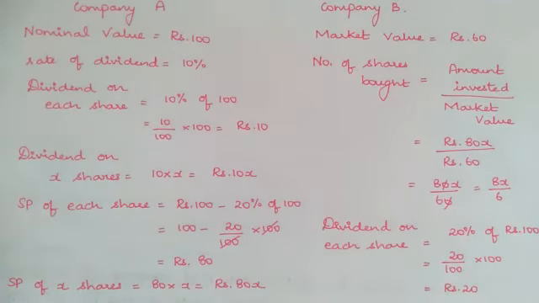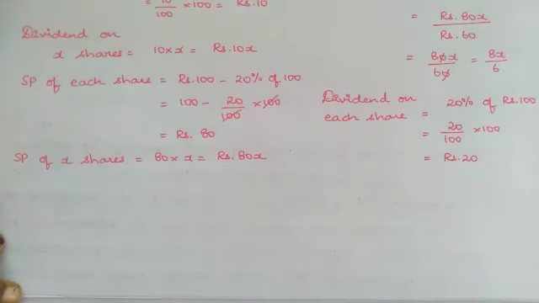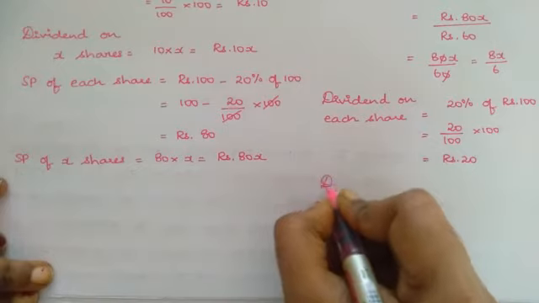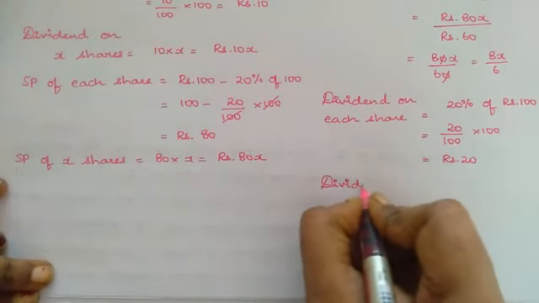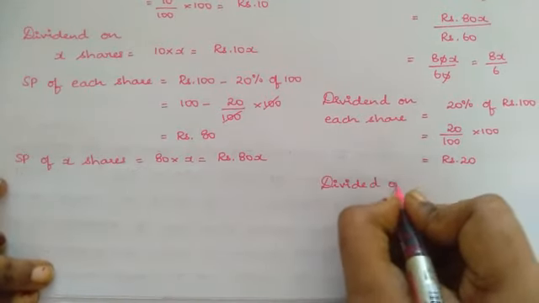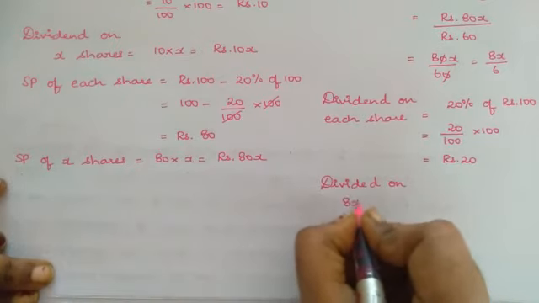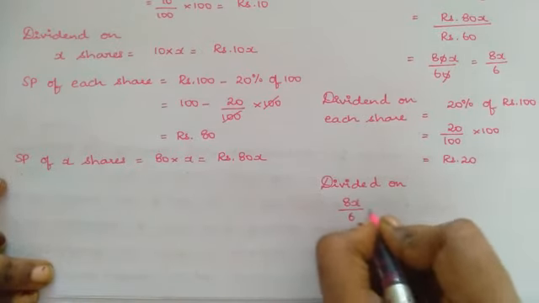Now in this company, how many shares does he have? 8x by 6 shares he has in company B. So in this company we are going to identify the dividend on the entire holding, that is, on 8x by 6 shares.